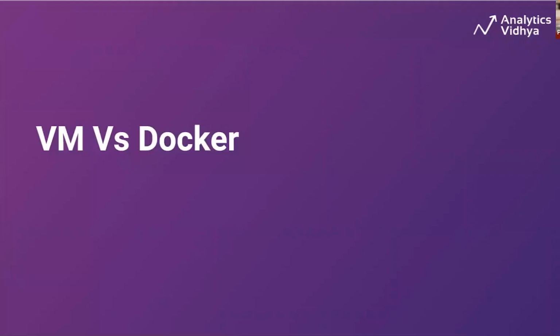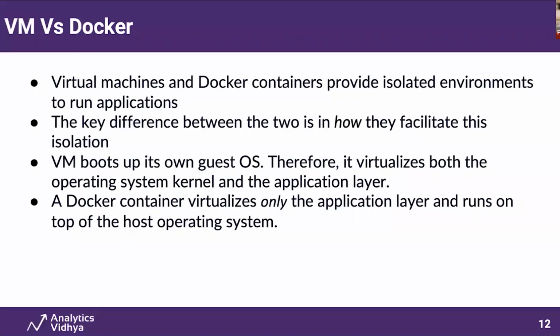Okay. Now we can go into a traditional comparison of virtual machines and Docker. Now, some of you might have used virtual machines already. Virtual machines are again used for providing isolated environments on a host machine, but it has certain overheads, right? So you can think of a virtual machine as a computer sitting within a computer, right?